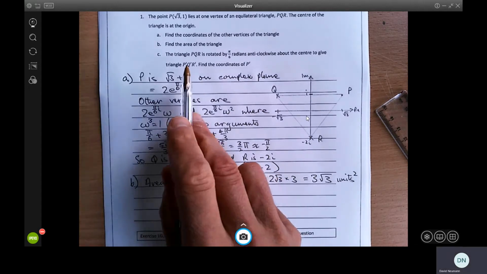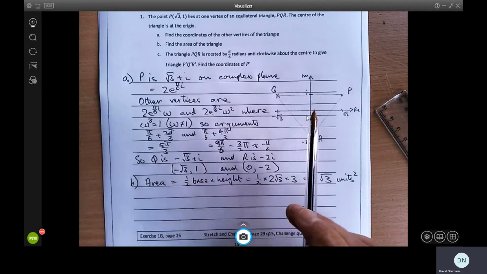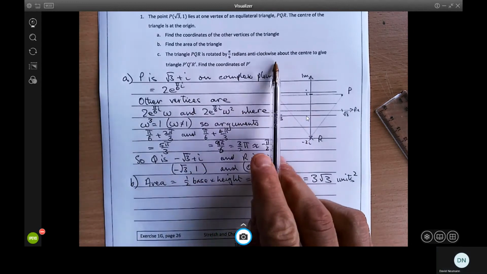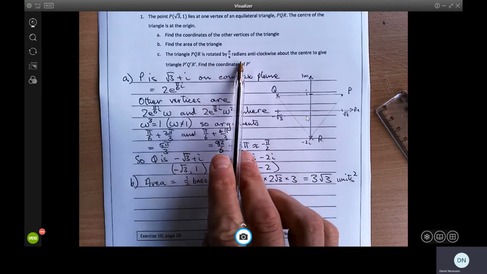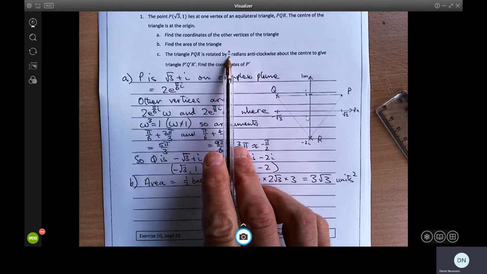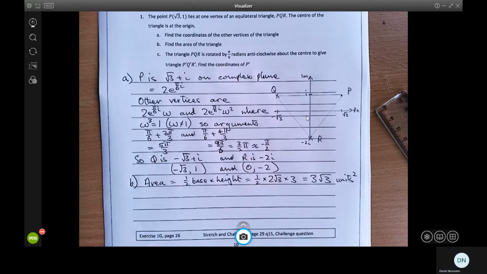And then find the coordinates of P dashed, where we're rotating by pi over 6 radians anti-clockwise.